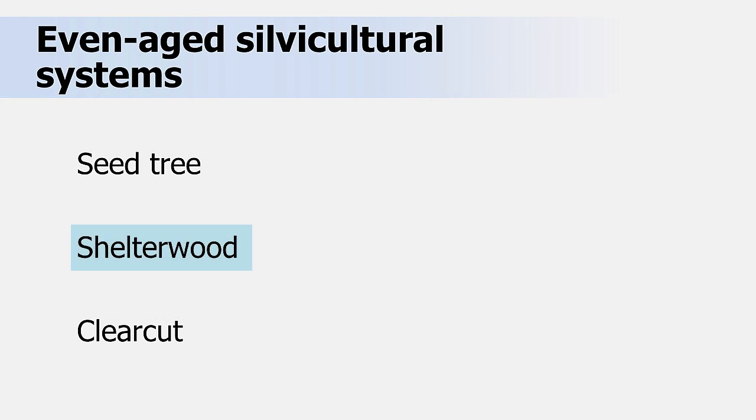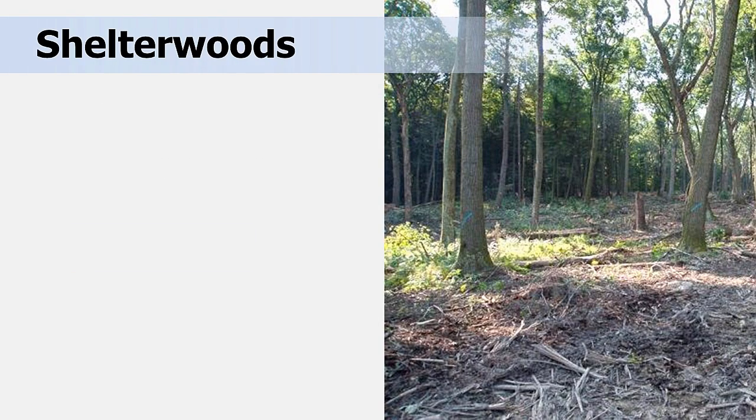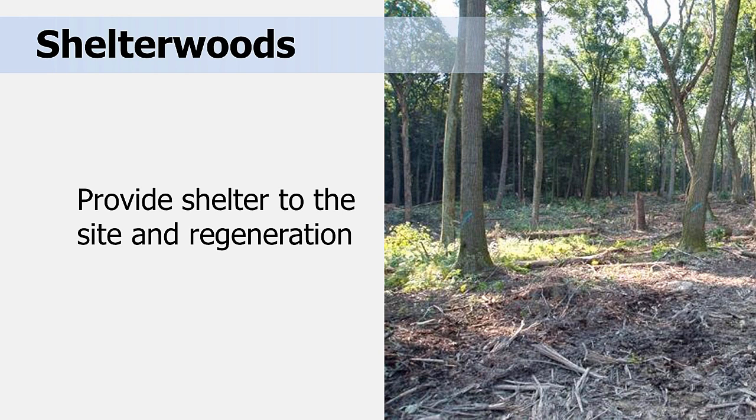A second type of regeneration harvest in an even-age silvicultural system is shelterwood. Shelterwoods are one of the most common types of even-age regeneration harvest done in Pennsylvania. As the name implies, the intent is to provide shelter to the site and regeneration as the next rotation in the stand begins to grow.